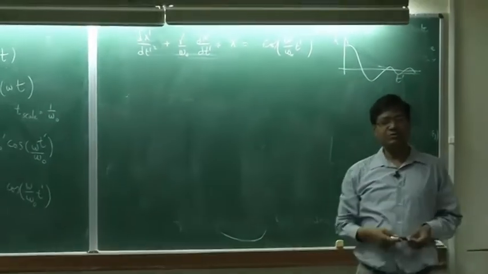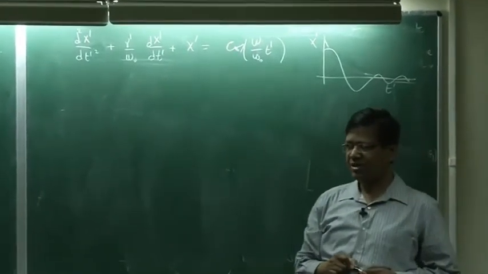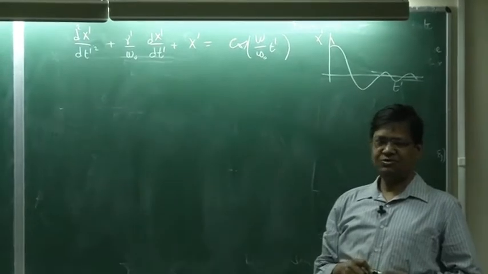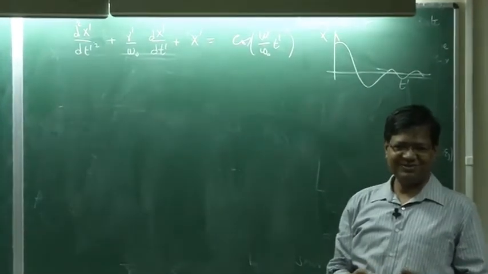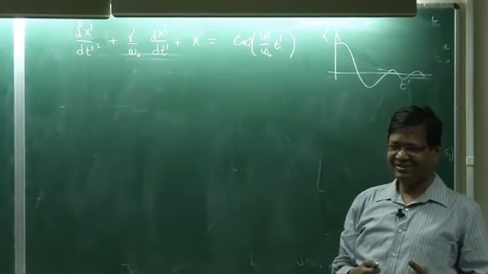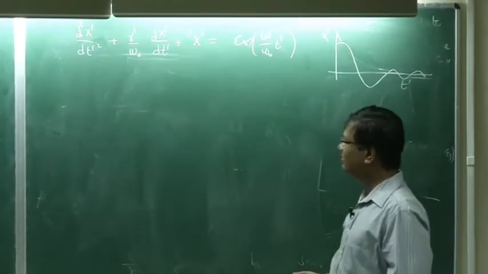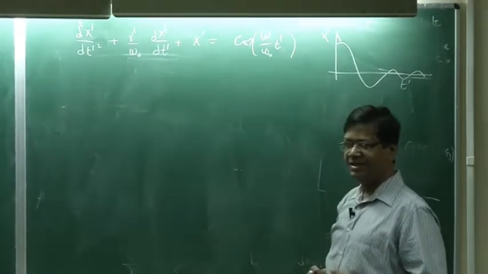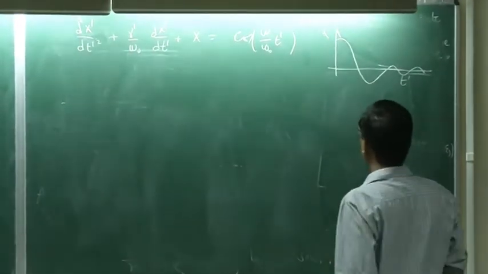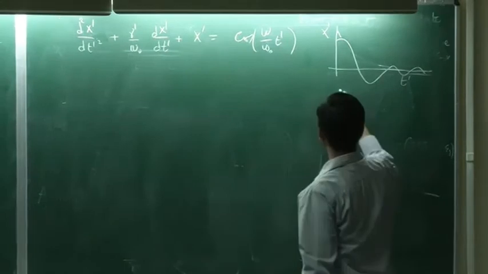Now suppose I want to go back to the original variable, then what should I do? The person will ask, what is the position of the particle? How should I get the position? Now I got the answer for x prime, so I just use that transformation.